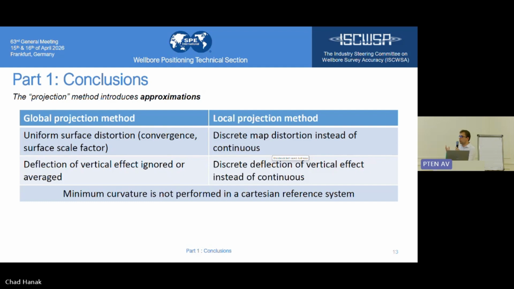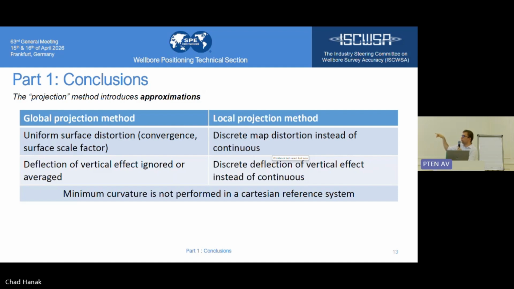On the first hand, concerning the global projection method, we consider that the surface distortion is uniform, which is false because it evolves throughout the horizontal well path and the vertical displacement. You have also an error due to the fact that there is variation in the vertical vector, so it's the elevation scale factor effect. If you consider only one throughout the trajectory, you make a mistake.